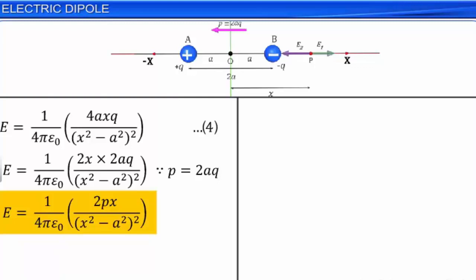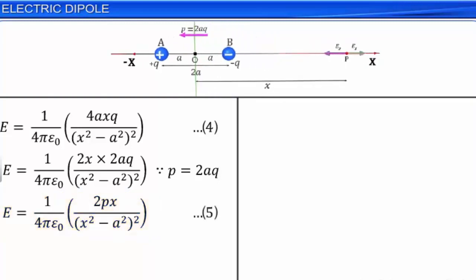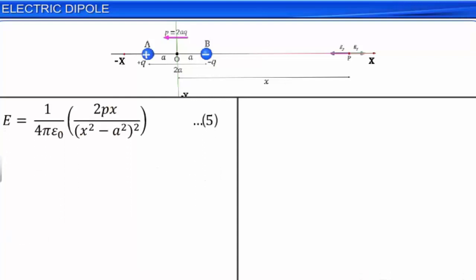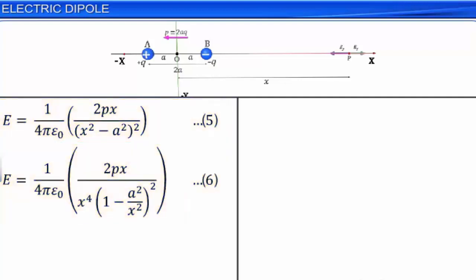When the point P is at a very large distance from the center O, then x is very large compared to a. Then, writing the expression 5 as in equation 6, and neglecting the term a square by x square for x which is very large as compared to a, in equation 6 and on further simplification, we get E is equal to 1 by 4 pi epsilon naught into 2px by x power 4.